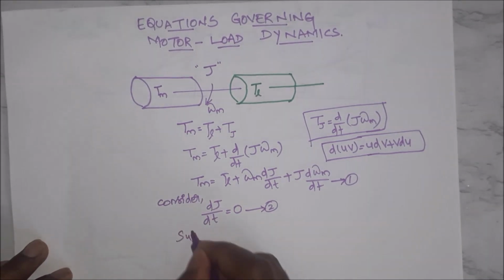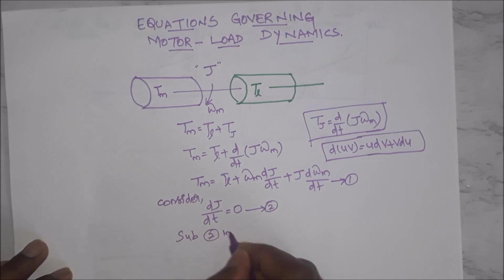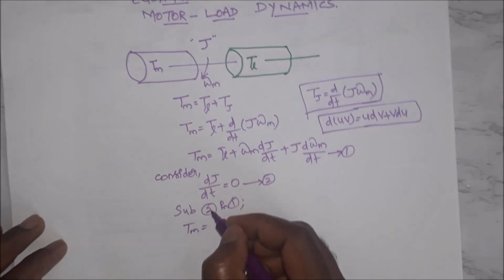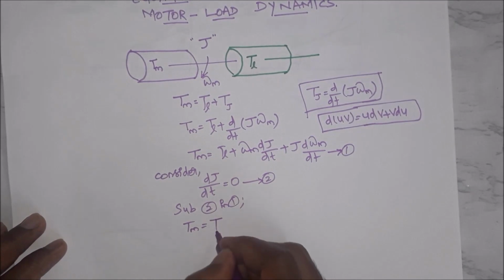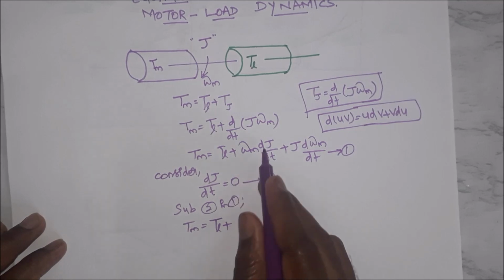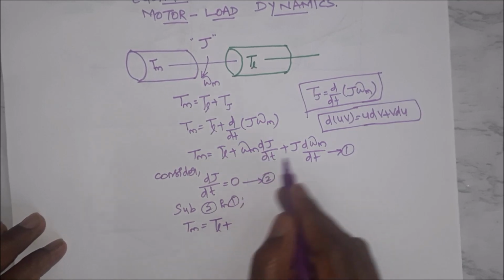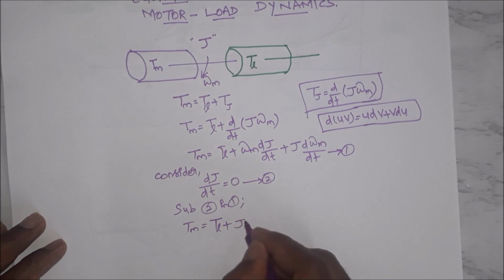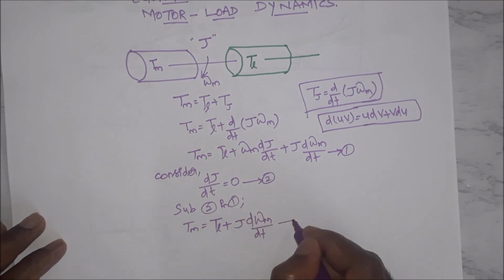Now substitute equation 2 in 1. What happens to the motor torque? Tm is equal to load torque TL plus 0, since dJ by dt is 0, plus J into d omega m by dt.